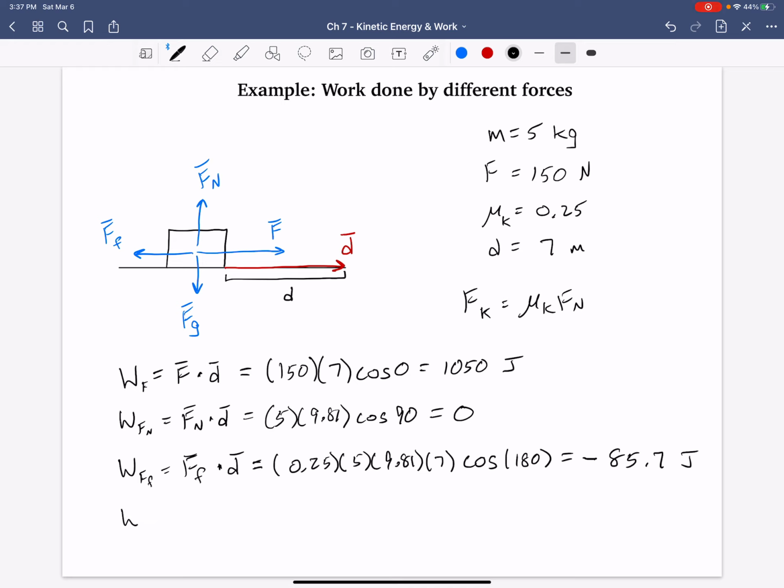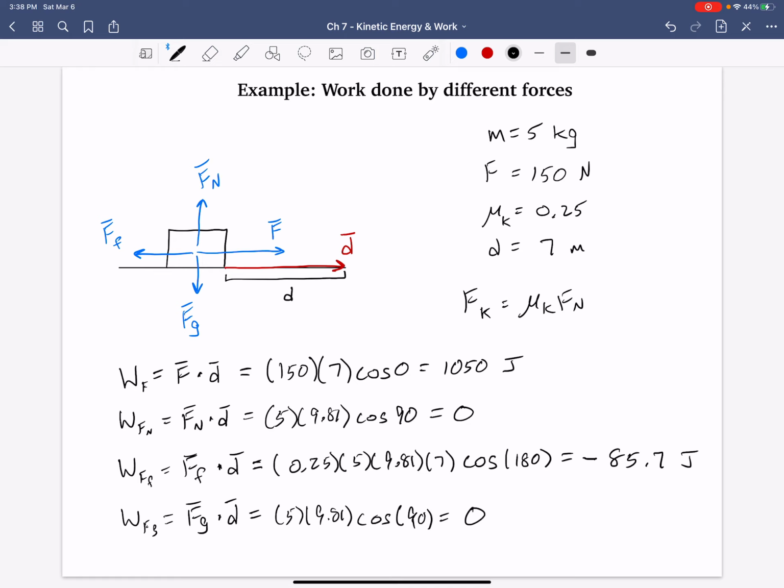And then lastly, the work done by gravity. And so similar to the normal force, these are perpendicular, and so this is 0. Cosine of negative 90 or positive 90, doesn't matter. 0. Okay? So now we can calculate the total work done.